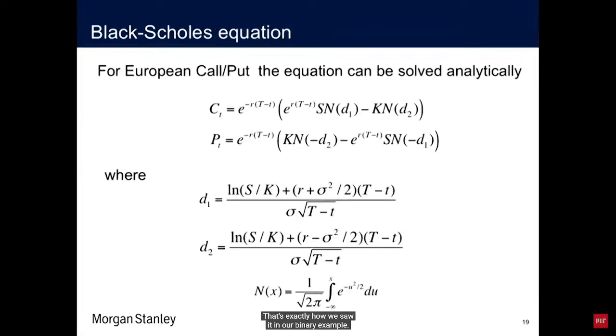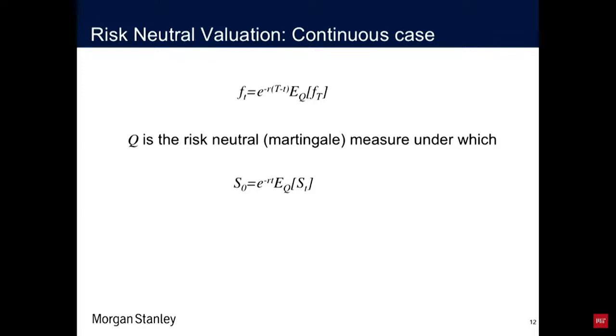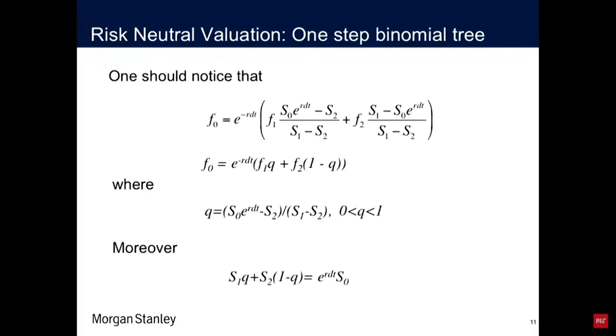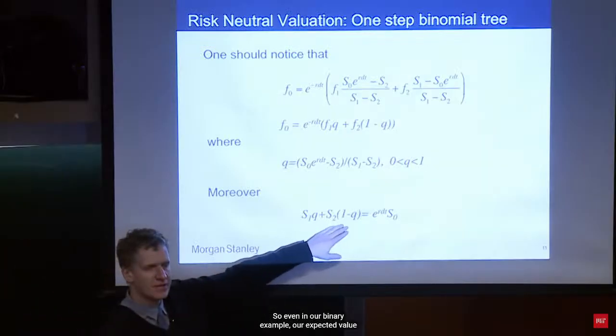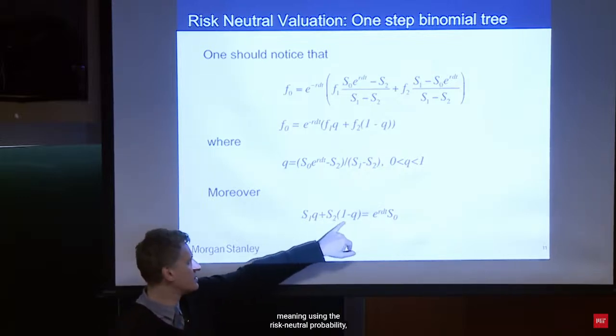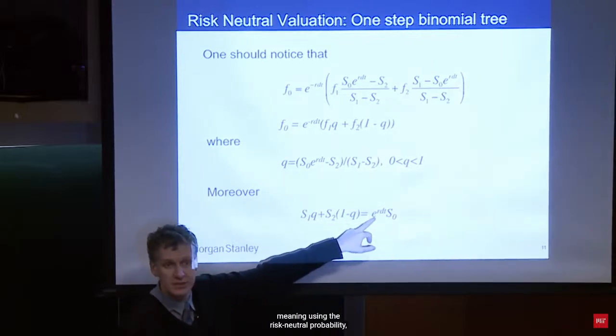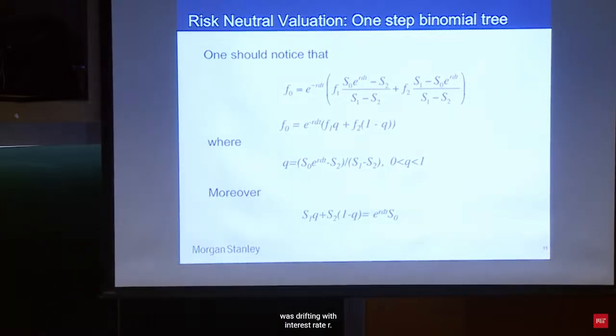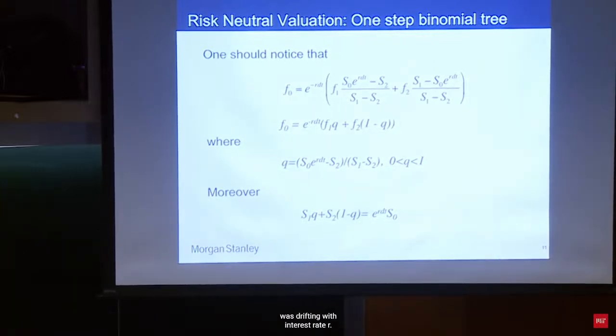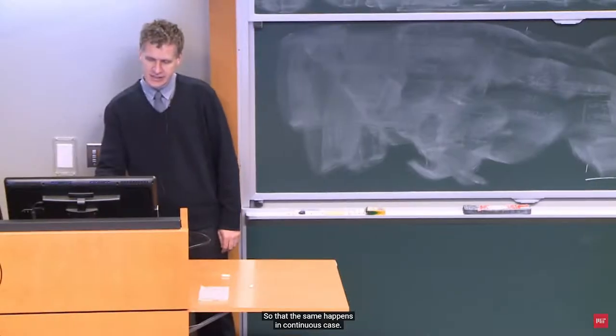That's exactly how we saw it in our binary example. Even in our binary example, the expected value of our stock under risk neutral measure, meaning using the risk neutral probability, was drifting with interest rate R. So the same happens in the continuous case.